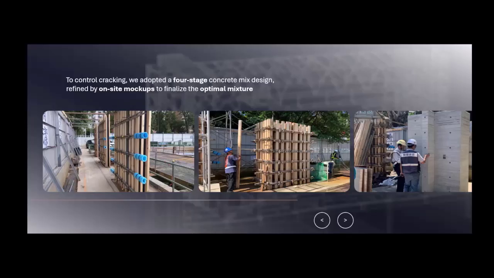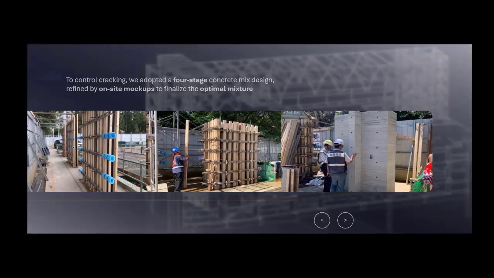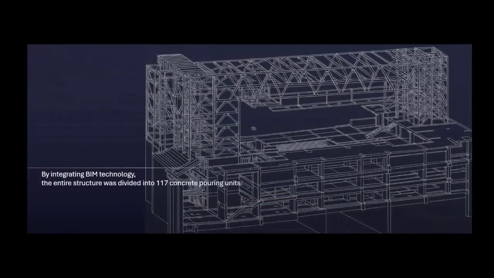To control cracking, we adopt a 4-stage concrete mix design, refined by on-site mockup to finalize the optimal mixture. By integrating BIM technology, the entire structure was divided into 117 concrete pouring units.